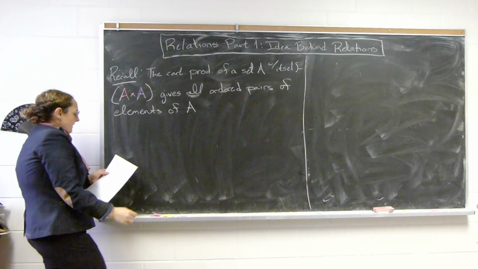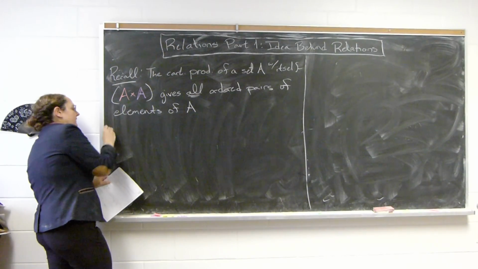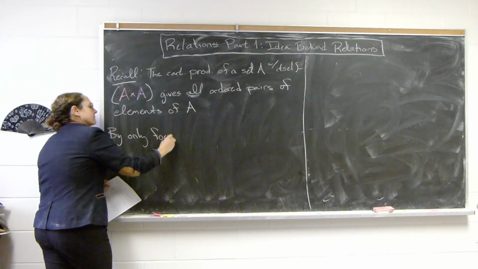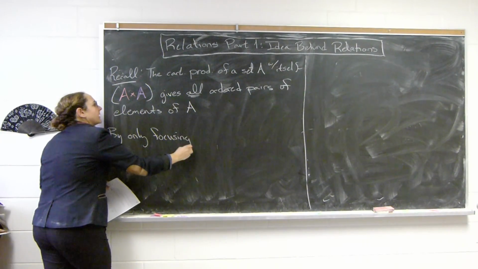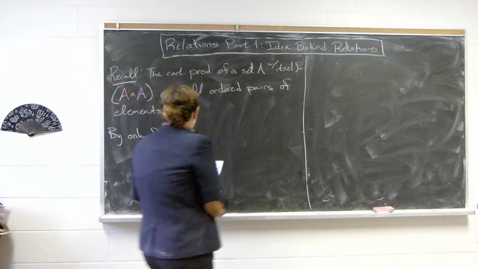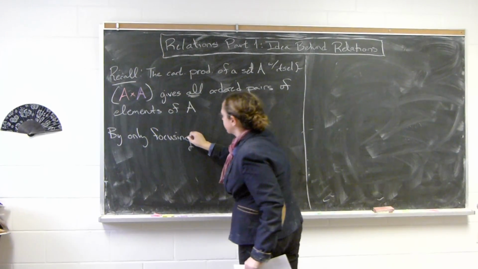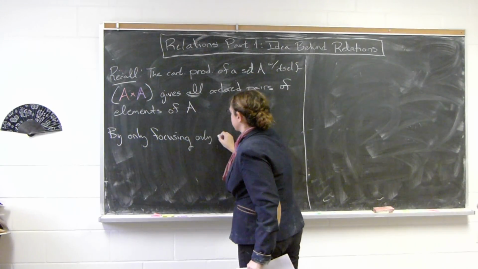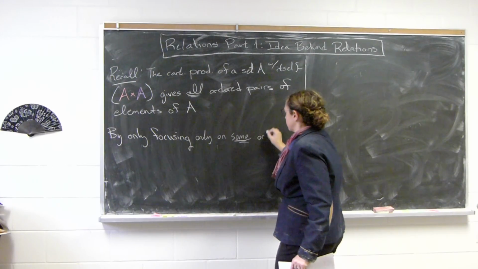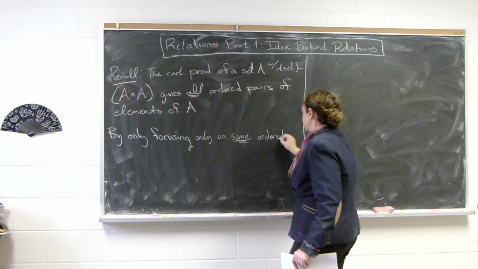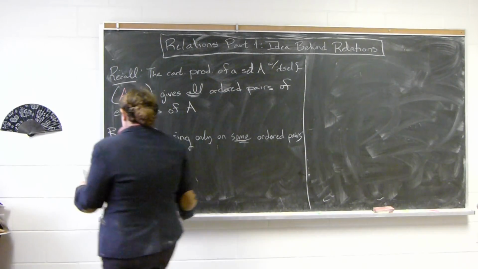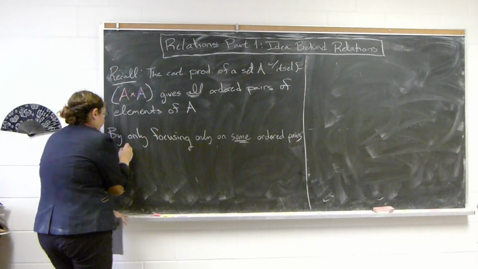Okay, so that gave all of the ordered pairs. By focusing only on some ordered pairs, we can understand how elements of A relate.